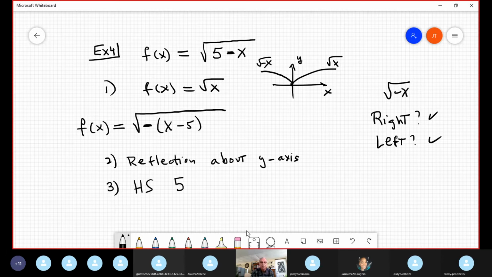Horizontal shift 5 units to the right, because it's negative. Just in case, don't get frustrated, because decimals give me the truth always.